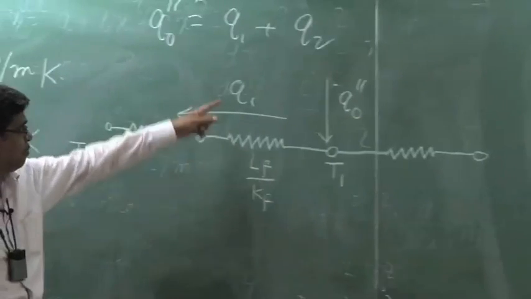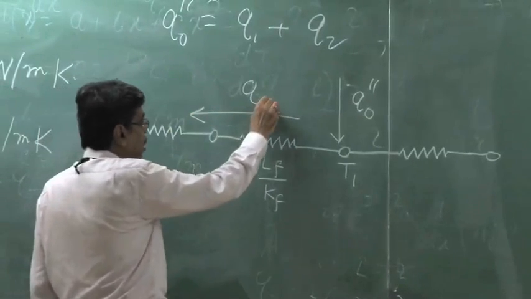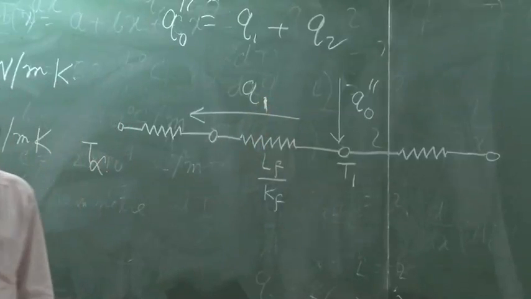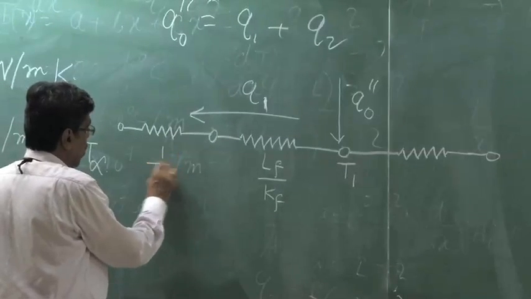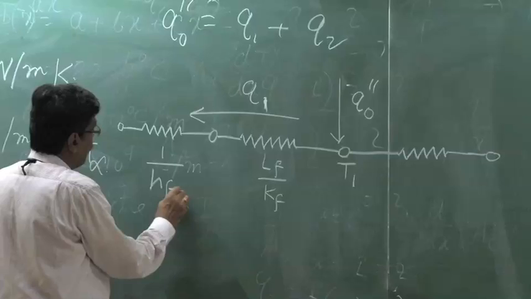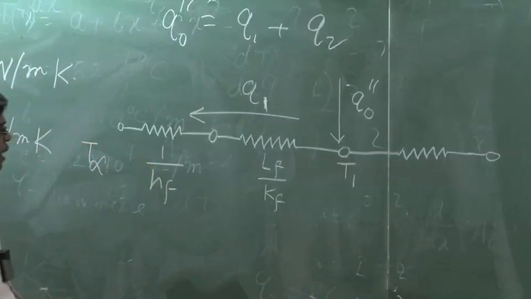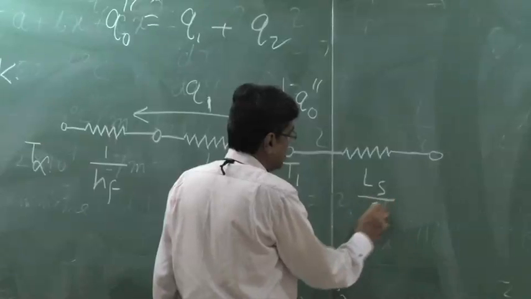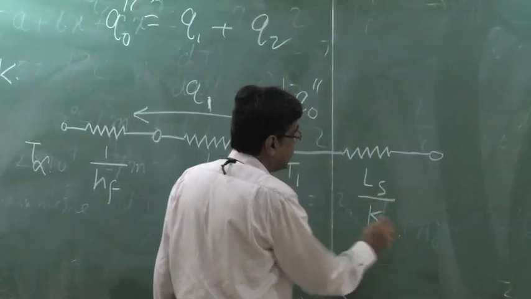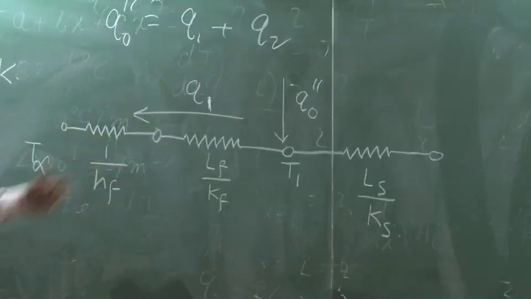A I am not writing because we are finding out the heat flux Q by A. So here resistance is this, and this resistance is 1 by Hf, and here this resistance is Ls by Ks. So this is the electrical network.